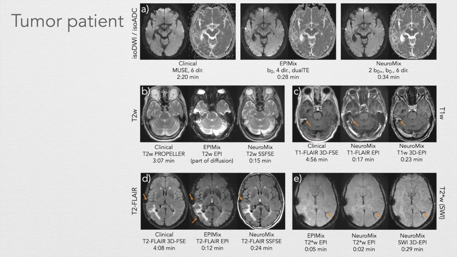Since we still have the T1 FLAIR EPI in NeuroMix, it's so close to the ear canal that we can't really see the tumor. But we also have this T1 3D EPI as a part of NeuroMix, and there you have such low distortions that you can see the tumor. The reason why the 3D EPI has less distortion than the 2D EPIs is because it's multi-shot. We have either 12 or 16 shots, which reduces the distortions.